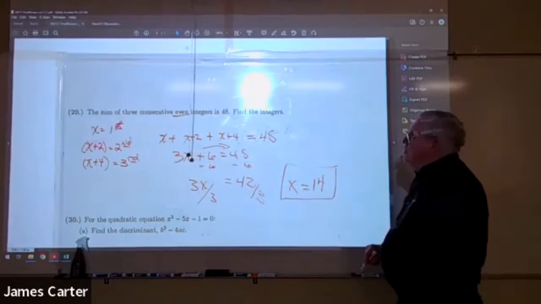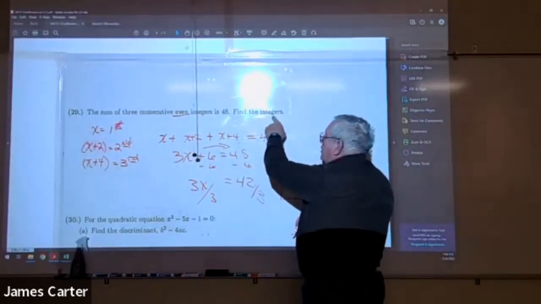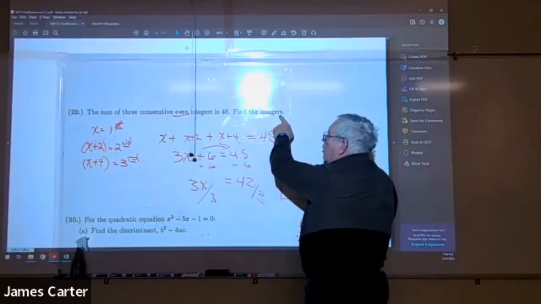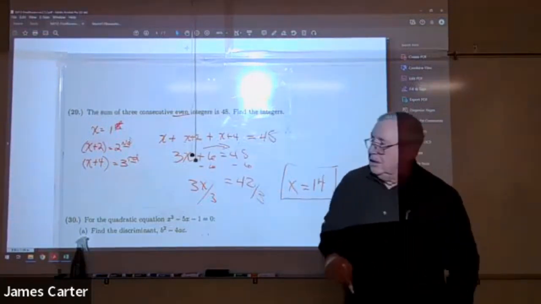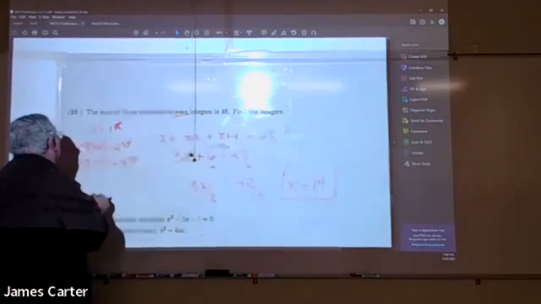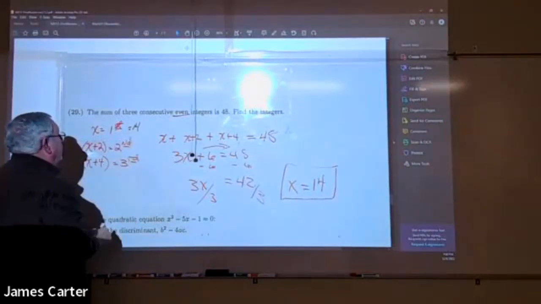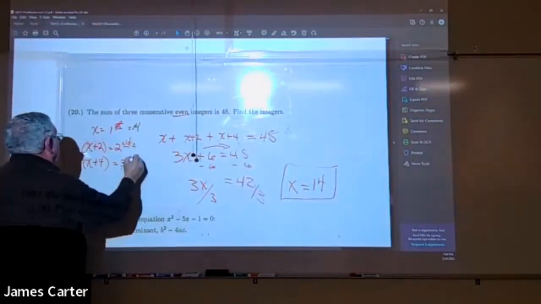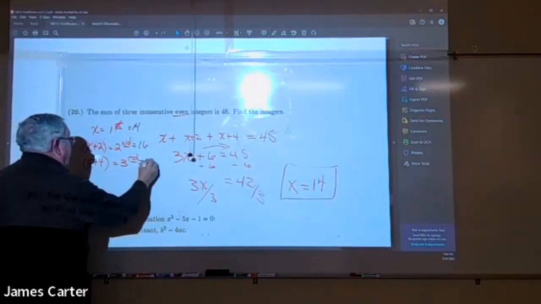Now, that's the first number. It says, don't just find the first number, integers means we got to find all 3 of them. So let's go back to this. Equals 14. Equals 16. Equals 18.